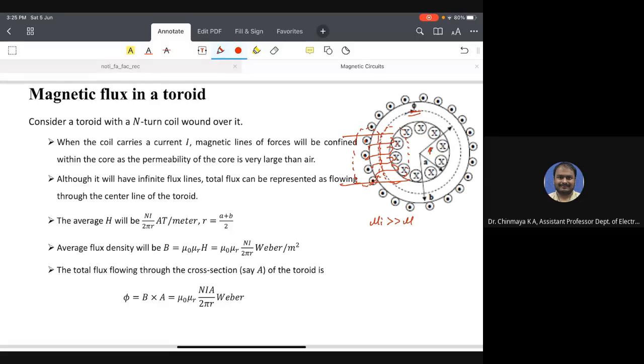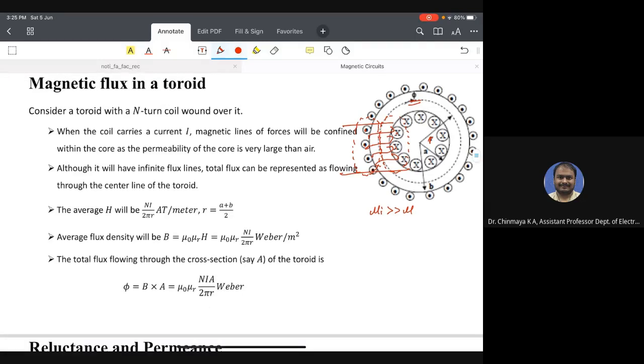So when the coil carries a current I, magnetic lines of force will be confined within the core, because, as I told, the permeability of the iron is more than that of the air. Therefore, the flux lines inside the magnetic material will be more than flux lines in the free space or air.